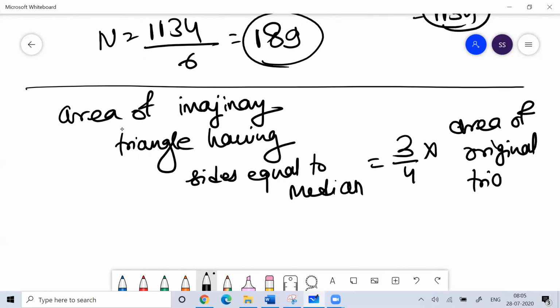I already made a video on triangles where I cleared this concept.